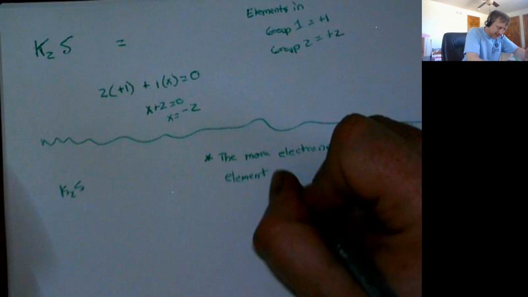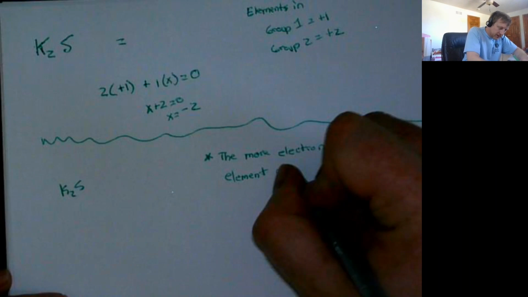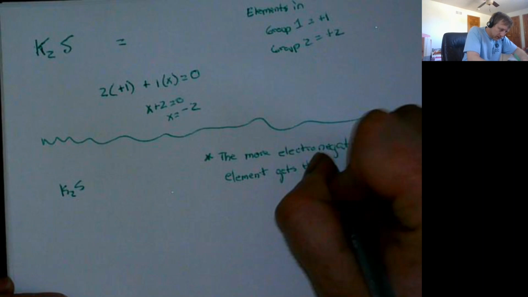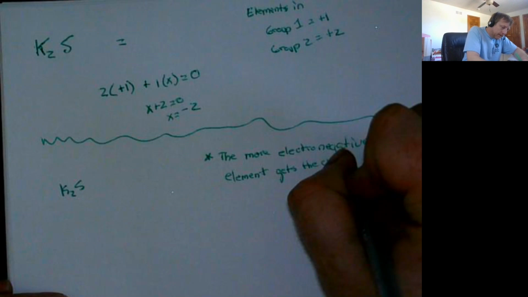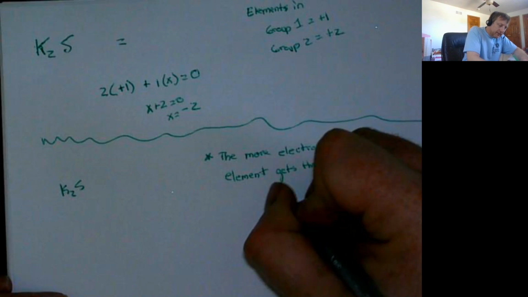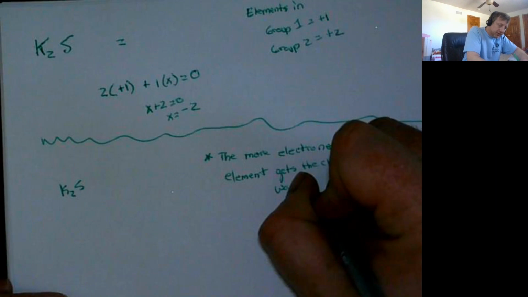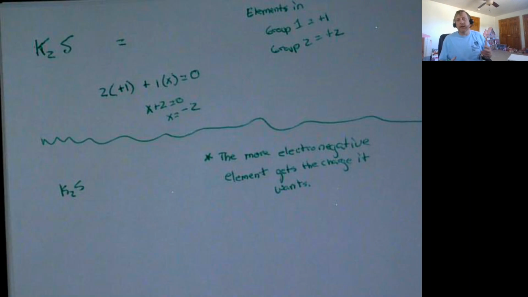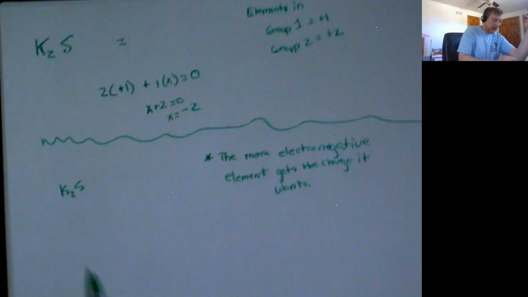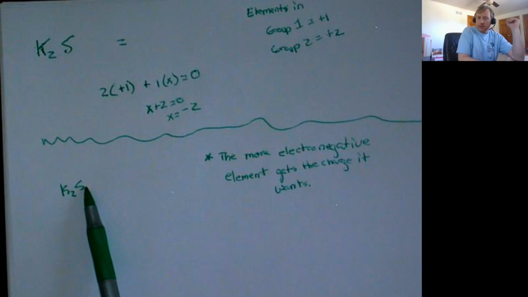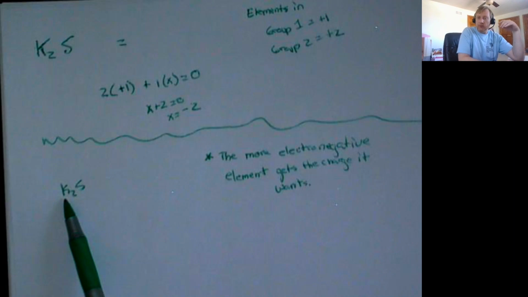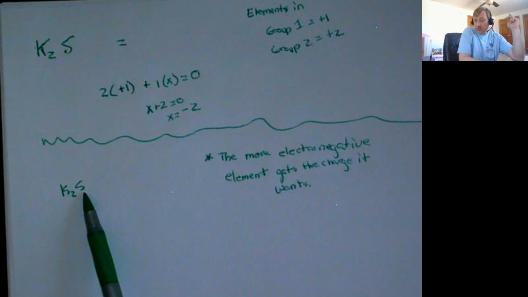Or I'm going to just shorthand this as gets the charge it wants. And remember, for electronegativity, generally speaking, you can look at the periodic table, and the closer that something is to fluorine, the more electronegative it's going to be. And in this case, sulfur is really close to fluorine. Potassium's really far away from fluorine. And so sulfur is going to get the charge it wants.